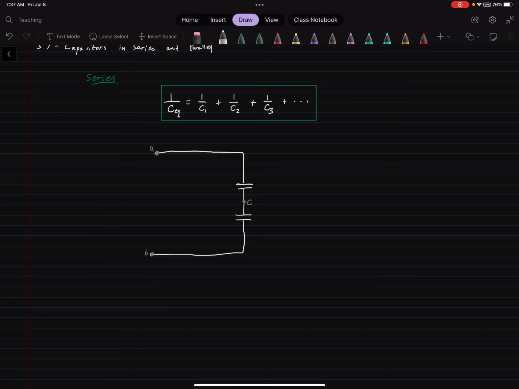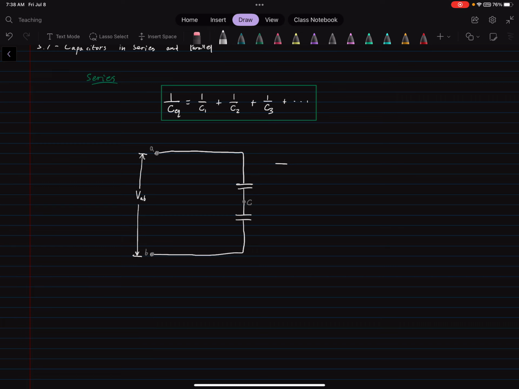There's some total potential difference of the whole circuit section from A to B, across both of those capacitors in series. And we can also talk about the potential drop over each of them.